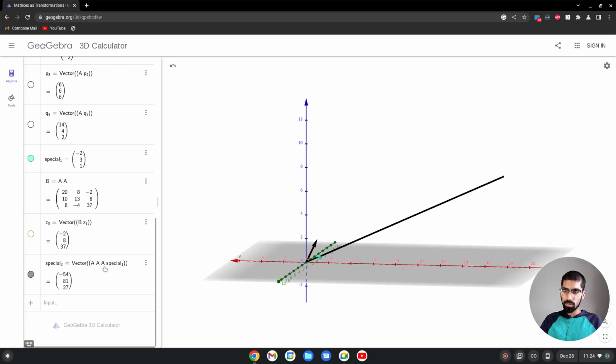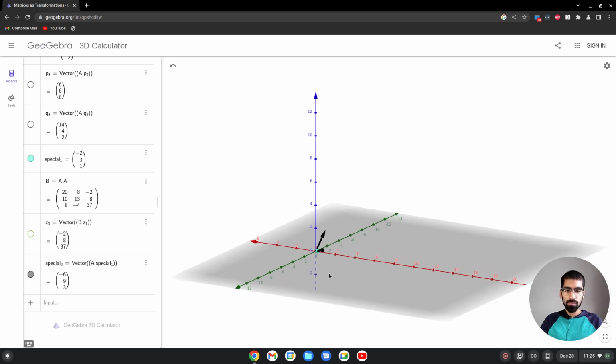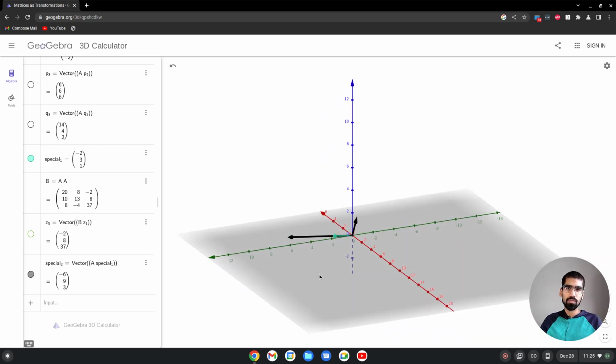Now, different matrices will have different eigenvectors. So this particular vector, -2, 3, 1, that's not special, right? There are going to be some matrices that you can multiply this by, and it will point in some different direction.